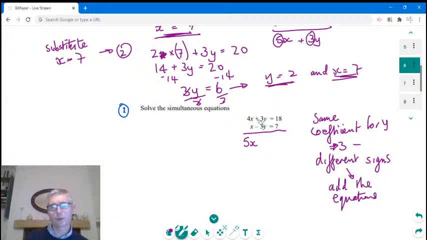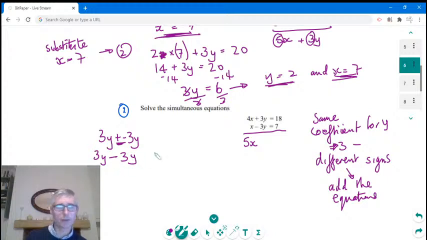Then we've got plus 3y and then plus minus 3y. I'll do this over here to show what I mean. We've got positive 3y from the first equation, and we're going to add negative 3y from the second, and a plus and minus together make minus. That's why we're choosing to add these two equations.